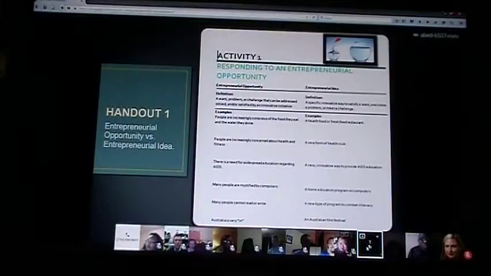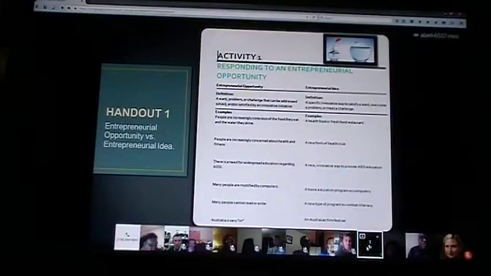Many people are mystified by computers, so an entrepreneurial idea would be a home education program on computers. Many people cannot read or write. Then you have the idea, a new type of program to combat literacy. And then lastly, Australia's very end. And then over to the right, we have an entrepreneurial film or an Australian film festival.